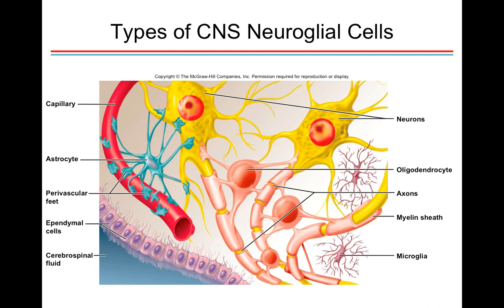And they also secrete these special transmitter molecules that can stimulate or inhibit neurons. And again, during development of the central nervous system, they really help neurons migrate to the right location in the brain.